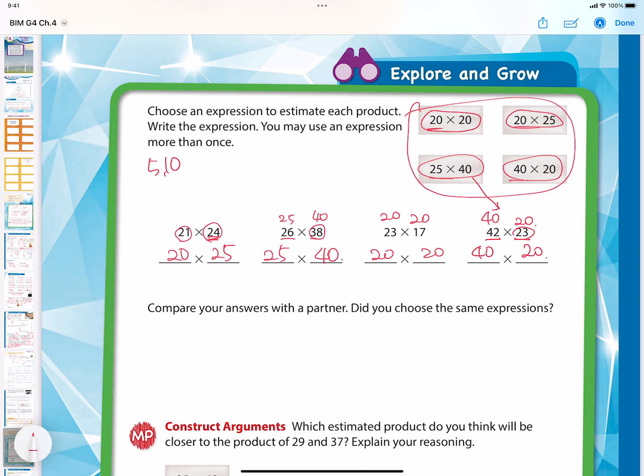Did you choose the same expressions? It can be this way, 25 times 40. And this one is also 25 times 20 is reasonable, which is the same as the second one. Okay, let's move on.